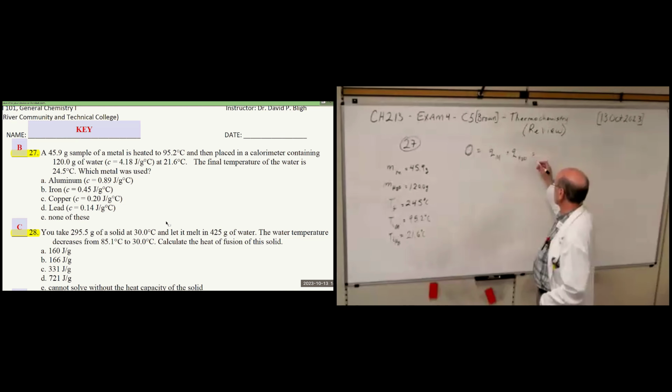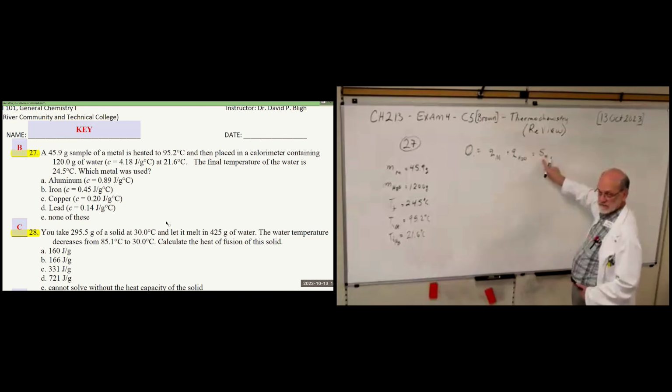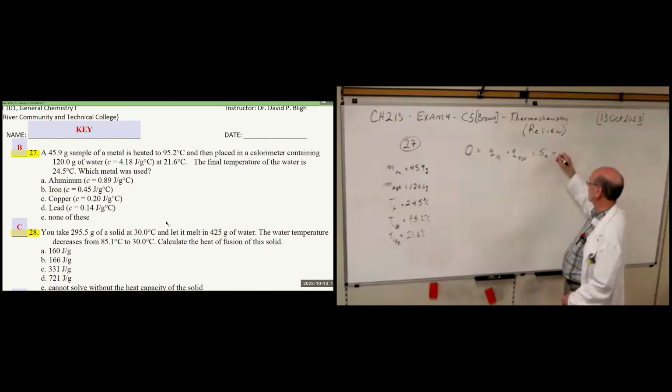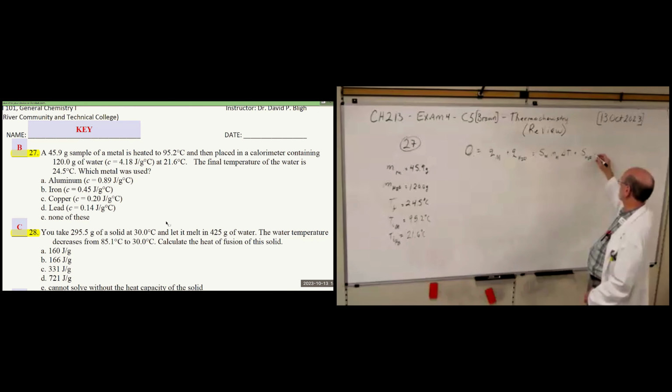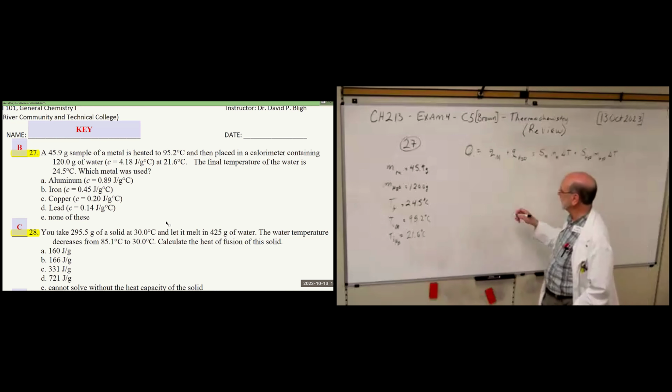If we expand them, we have the specific heat of the metal, which is going to be our unknown, the mass of the metal times the change in temperature of the metal. And then for water, we do know the mass of the water, and we can calculate the change in temperature.